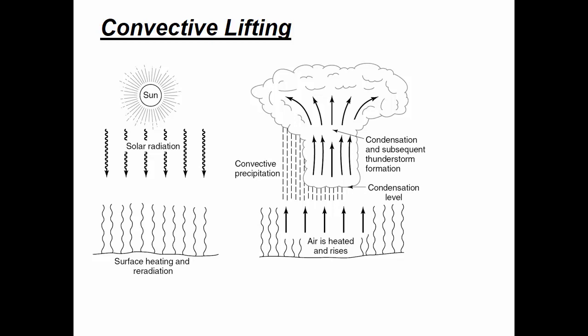It's the air that's rising because it's been heated at the Earth's surface. And so if the ground is really warm, then it's emitting that heat. It heats the air that's close to the surface of the ground, and then that warm air rises up.